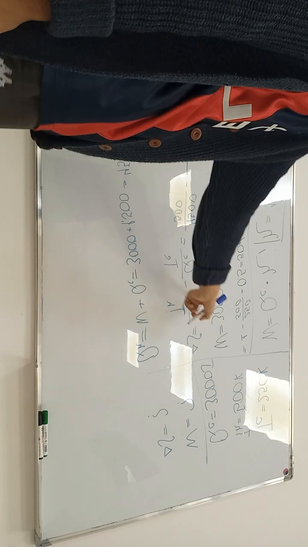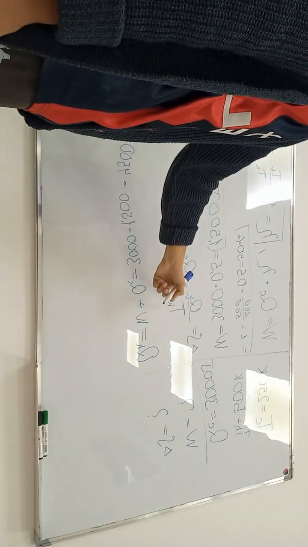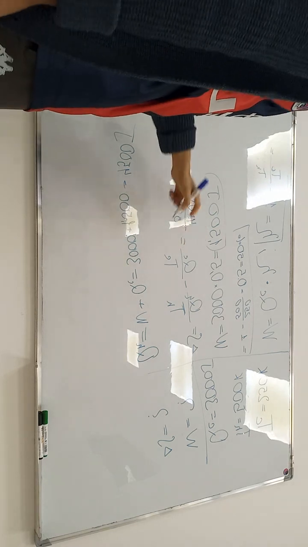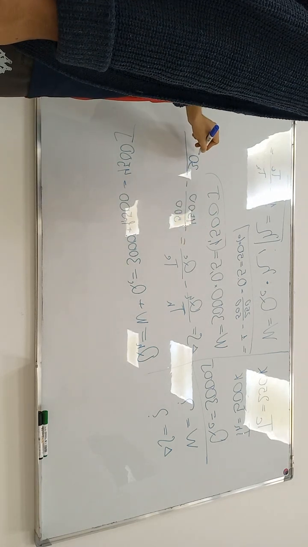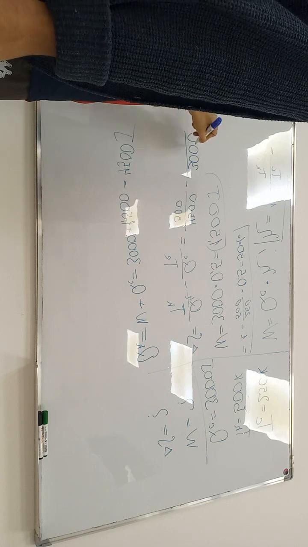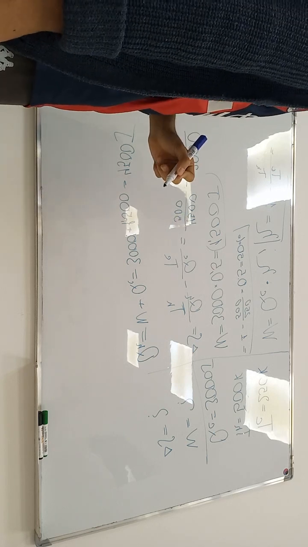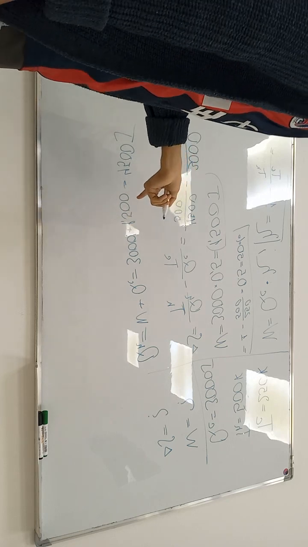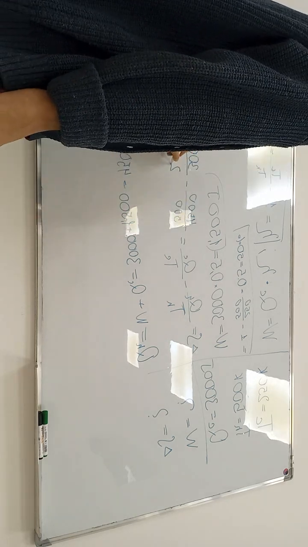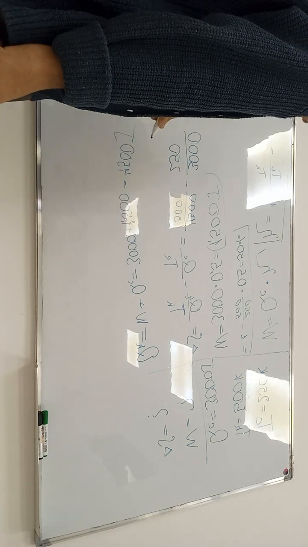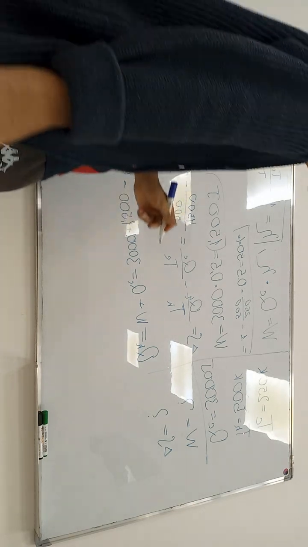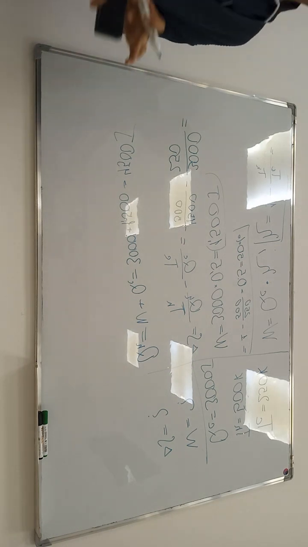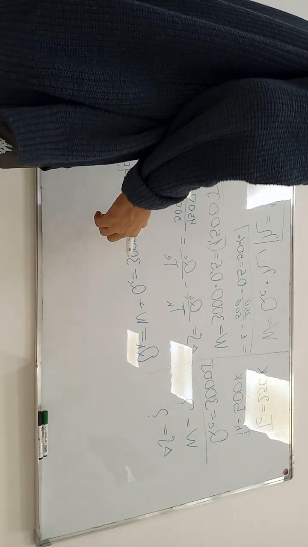Here 500, and we have Q cold, 3,000 divided by what we have, 250 kelvins.